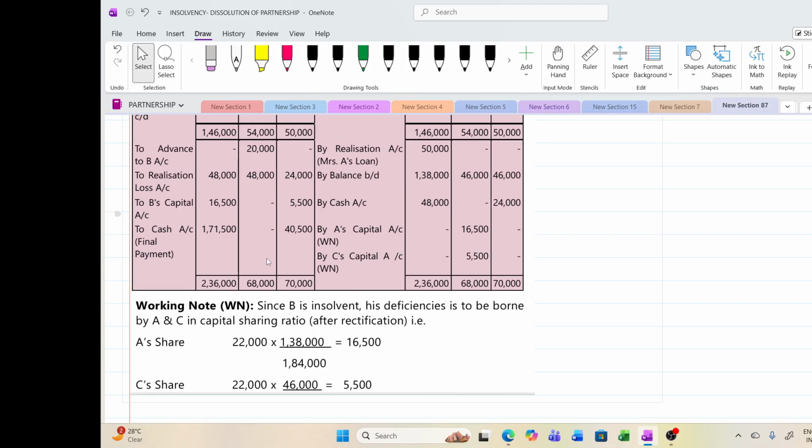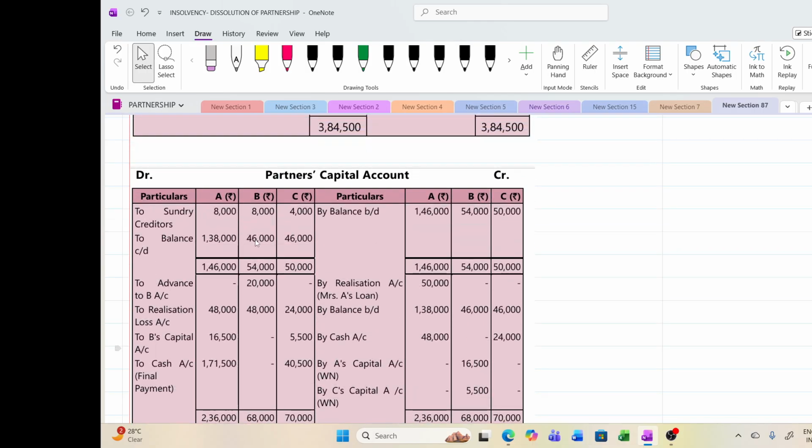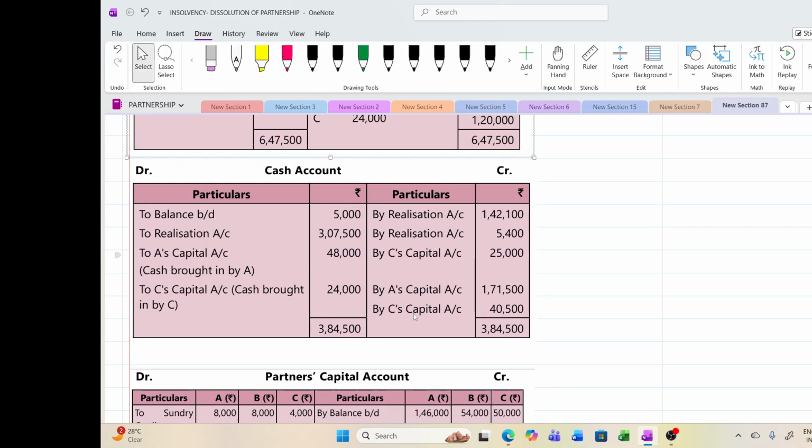These two partners will get some balance carried down, 1,71,000 and 40,500. This will be paid in the bank account by A's capital account and C's capital account. If you total the bank account, it will tally. It means that your sum is correct.